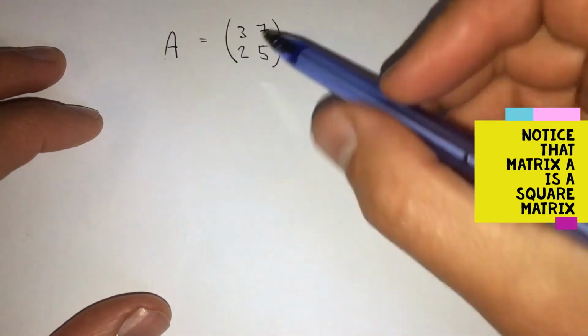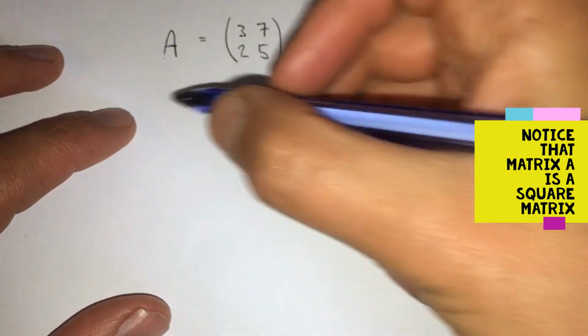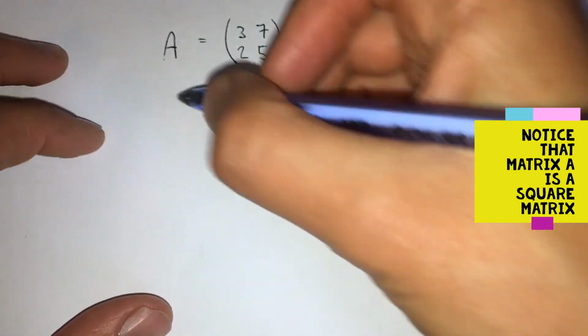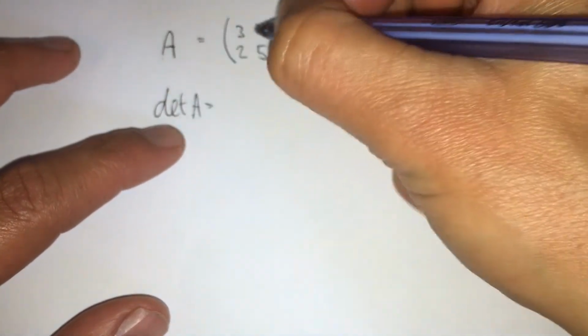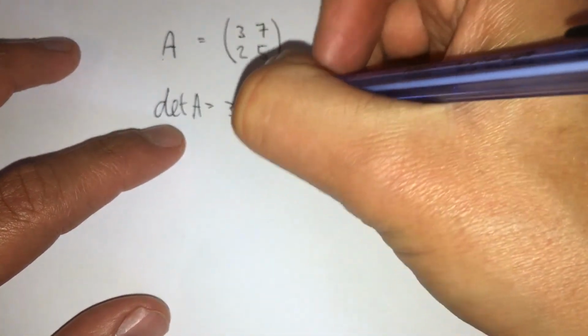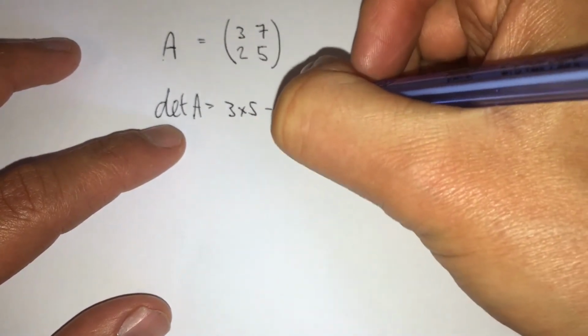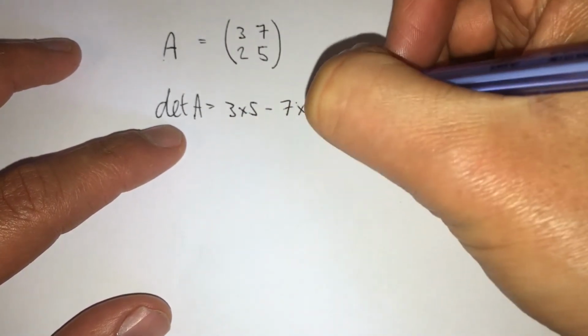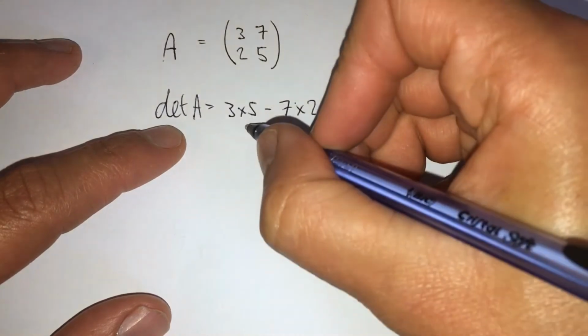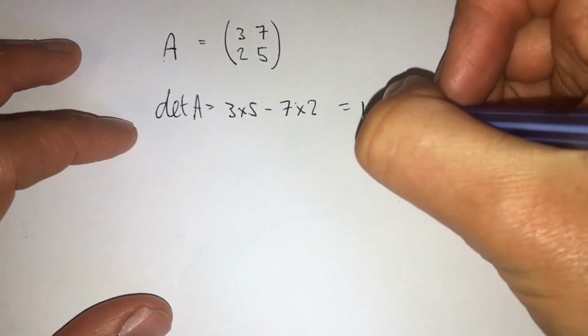Here we have matrix A is 3, 7, 2, 5. To find the inverse of A, first we find the determinant of A, which is AD, or the product of AD minus the product of BC. And this gives us 15 take away 14, which is 1.